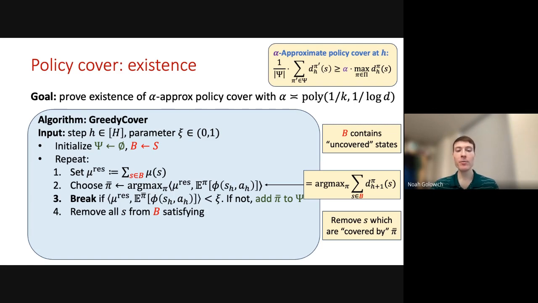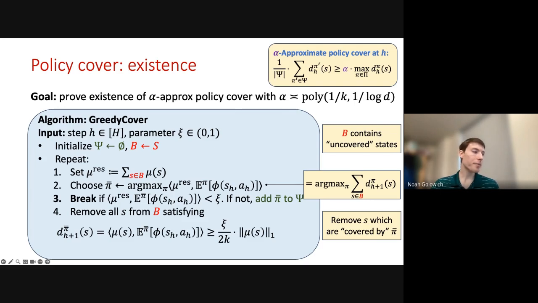To do so, we have to, of course, remove states from the set B which are covered by the policy pi-bar. These are namely states whose visitation probability at step h+1 is sufficiently large as compared to the L1 norm of mu(s). And finally, at the end of this procedure, we're going to return the cover psi. So basically what's going on here is we're using the L1 norm of the mu(s) vectors as a potential function to characterize how much of the mass of states we're covering.